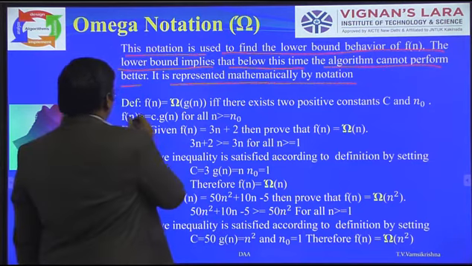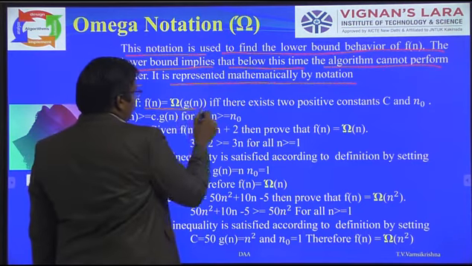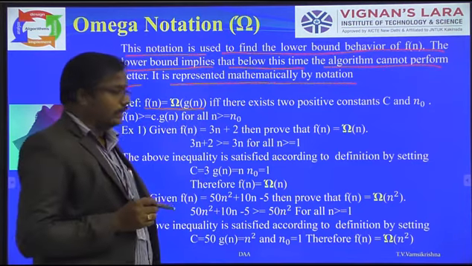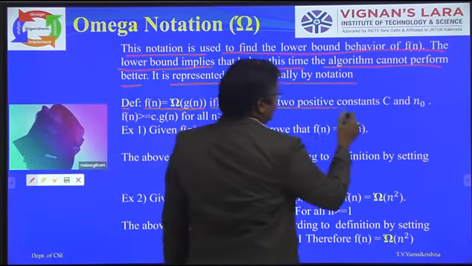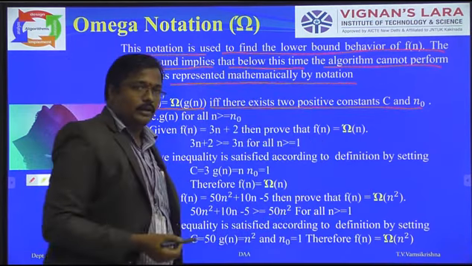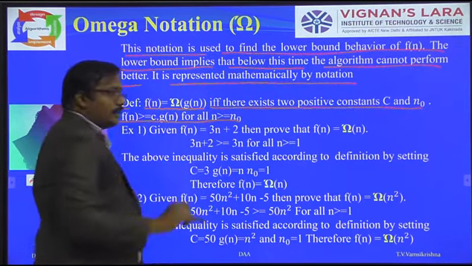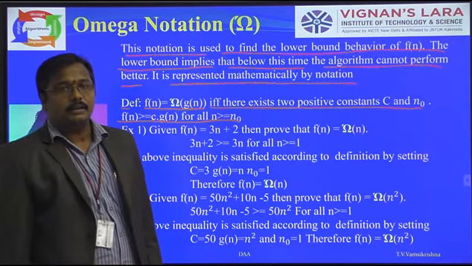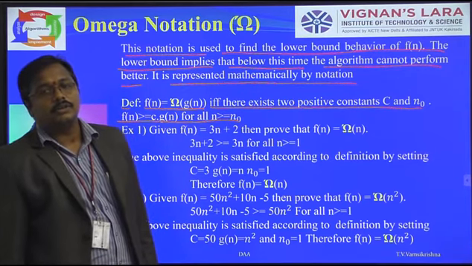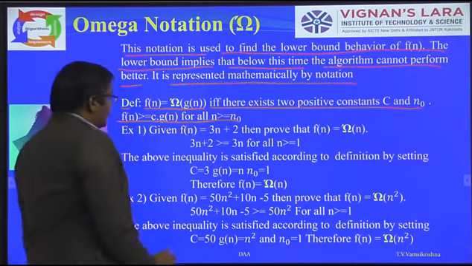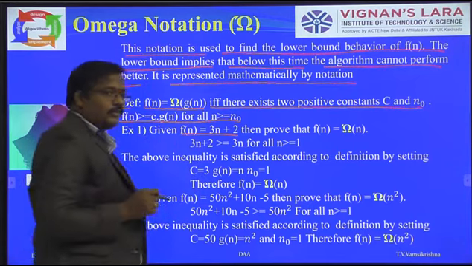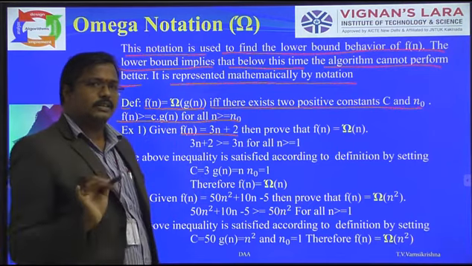Right. So definition: f of n is equal to omega of g of n if there exist two positive constants c and n naught, if and only if f of n is greater than or equal to c into g of n, for n greater than or equal to n naught. Suppose this is an example: f of n is equal to 3n plus 2. Same kind of thing.